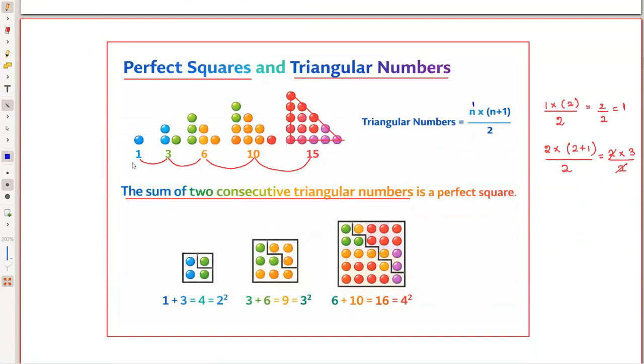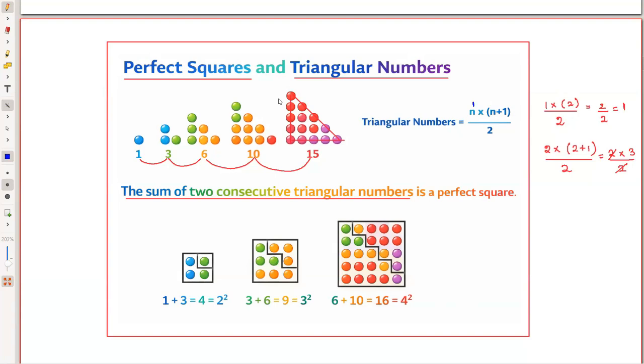The first triangular number. If n is equal to 2, we get 3, the second triangular number. If n is equal to 3, we get 6, the third triangular number. Like this you can find the triangular numbers.